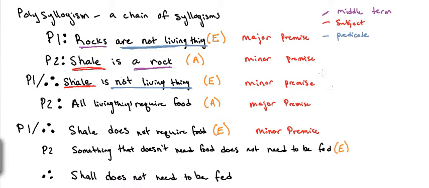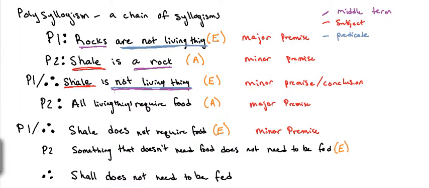So it's more accurate, right, conclusion. So shale, if we're dealing with a minor premise, our subject is what matters. Our predicate will serve as our middle term. Shale is not a living thing.